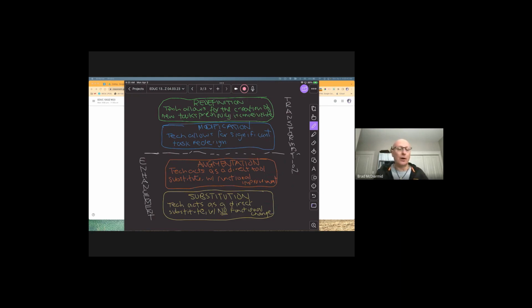So now if we look at the green bubble, it allows for the creation of new tasks previously inconceivable. So there is this transformation in the book report that you would not be able to do in a normal situation. And we could include parts of modification in that, the whole sharing idea, and not only just sharing it with your buddy next to you at your desk or table, but I'm talking the whole wide world, right? So remember, sharing is the new kind of top part of Bloom's taxonomy.